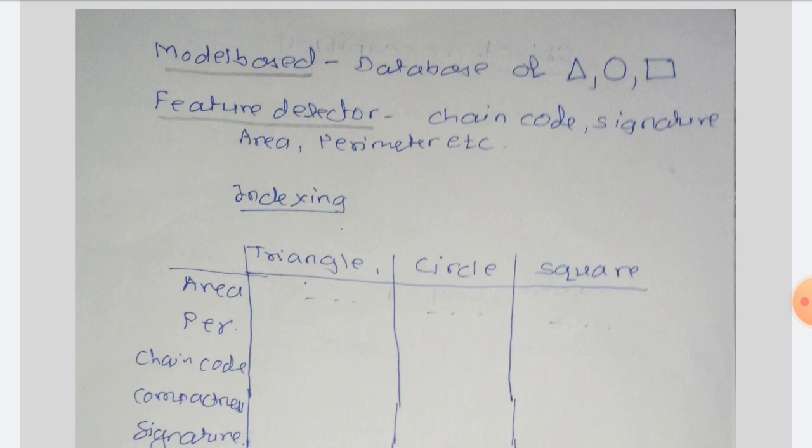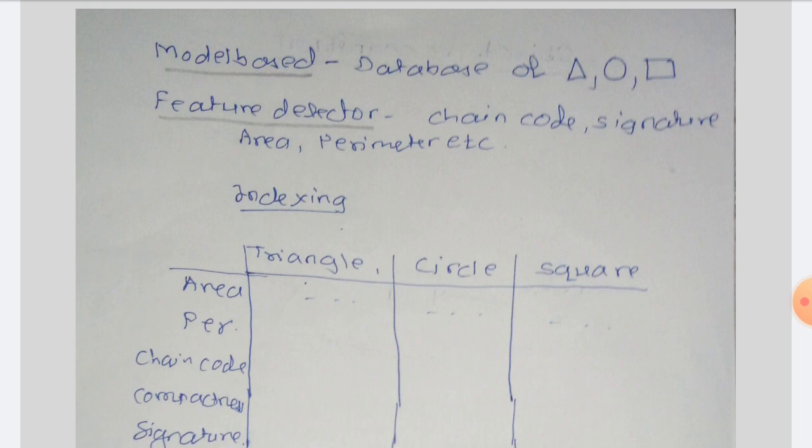Now here in this case we have to find out the shape of the object. Our problem definition is to find a square object, so better we use the shape or the size of the object. There is no use of color in this case.